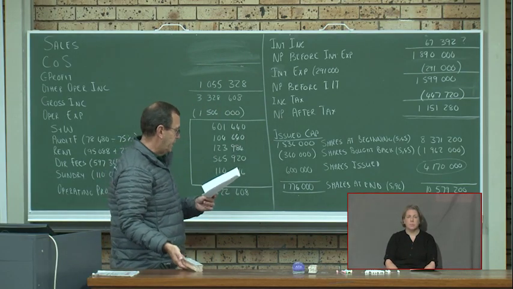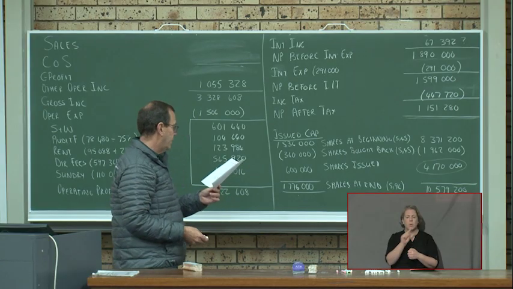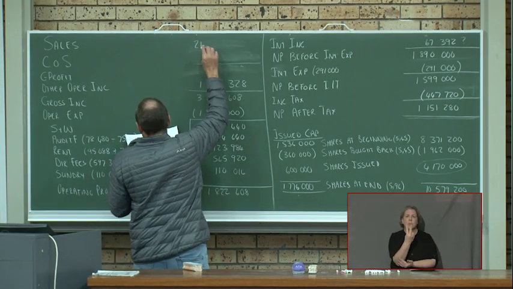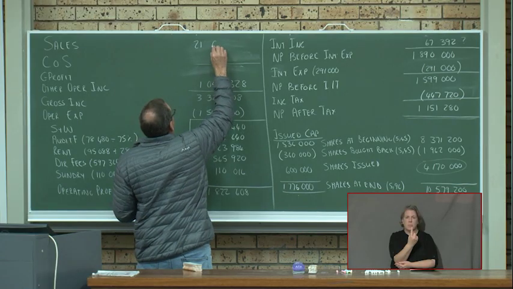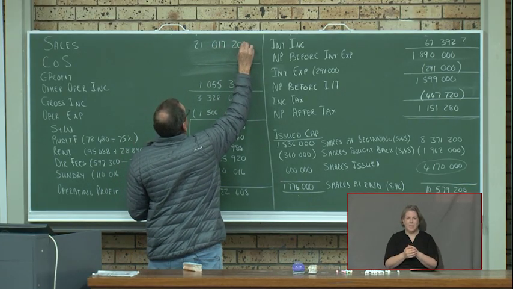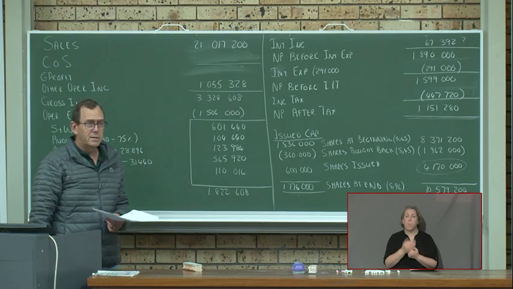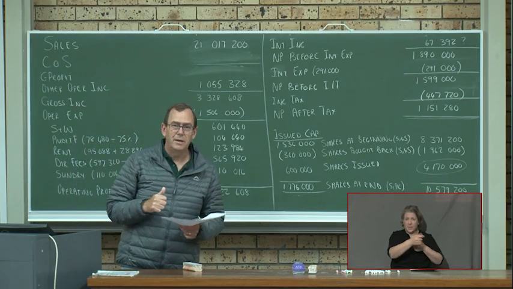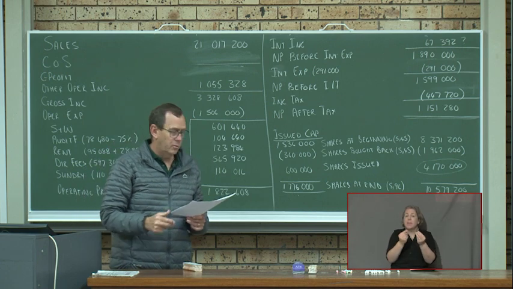In this question, they said that your sales is 21,017,200. They gave such big figures, my calculator struggled to do this. Then they said the markup is 120%. So quickly write that down.